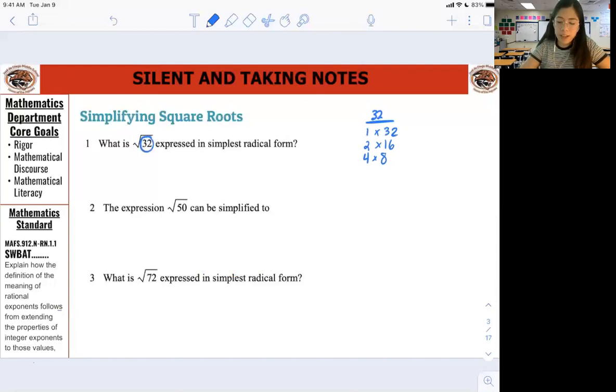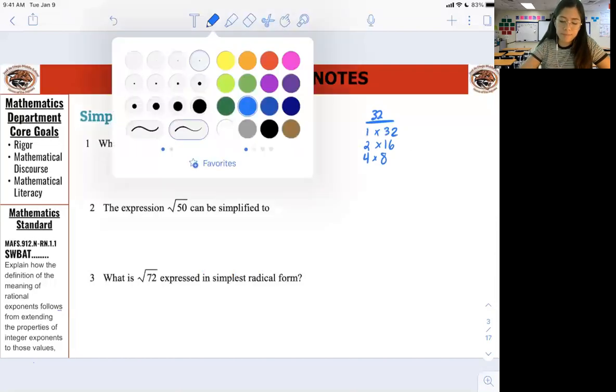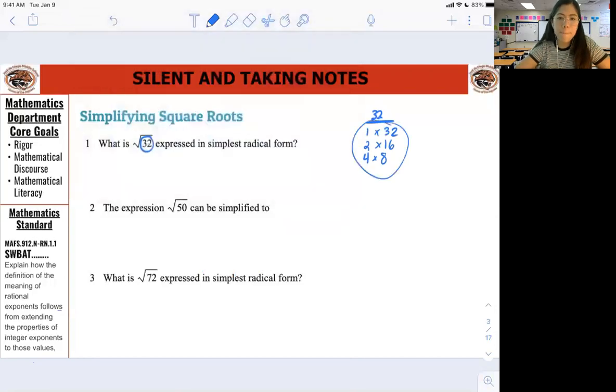Now I take a look at that list. Are any of those numbers perfect squares? The 1, the 2, the 4, the 32, the 16, the 8. Are any of those numbers a perfect square?